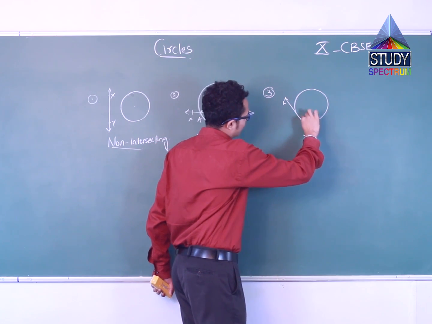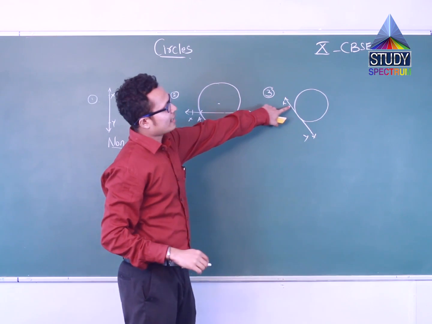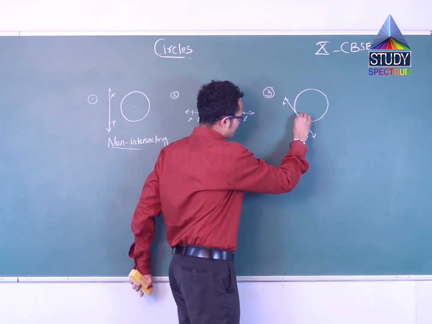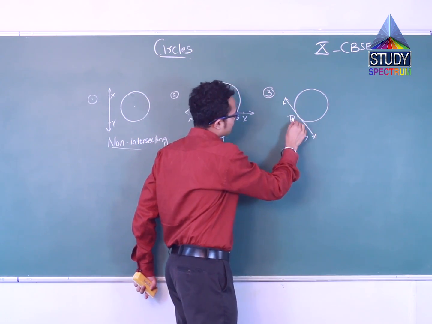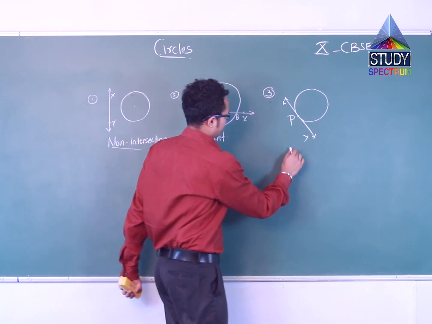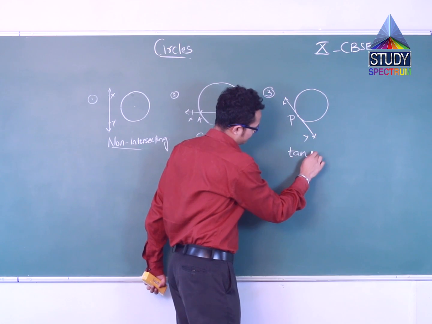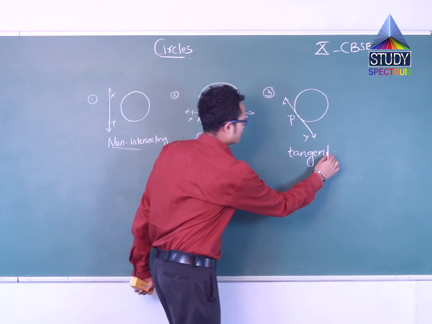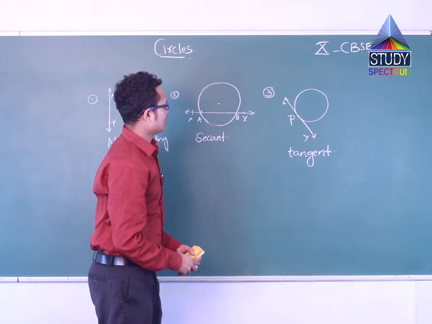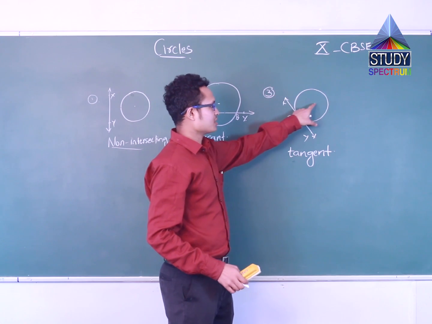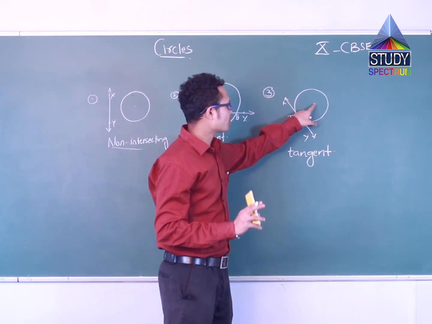Though on the board it might appear as if the line is making contact at several points, actually it's just at one point P. This line forms a tangent to the circle. Now how is a tangent defined? A tangent is a line which touches or meets the circle at just one point.